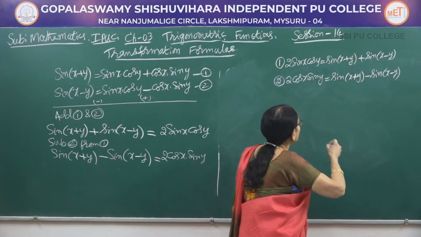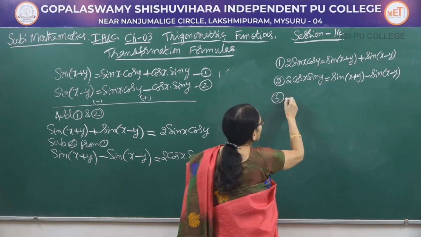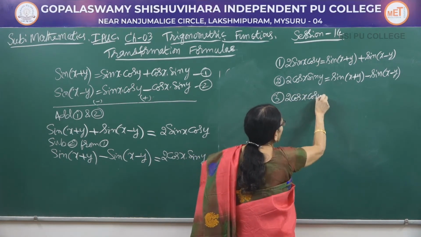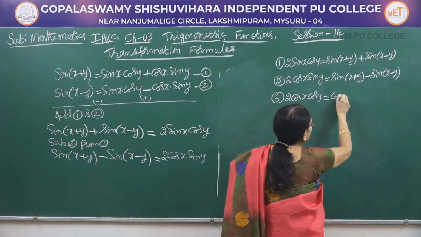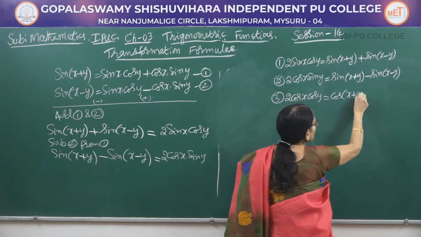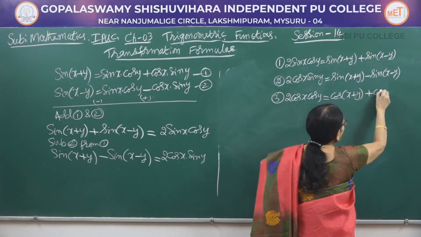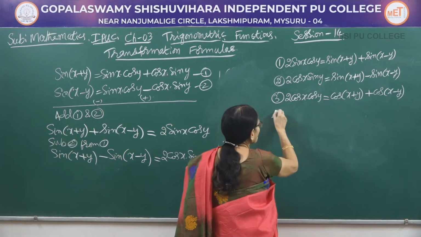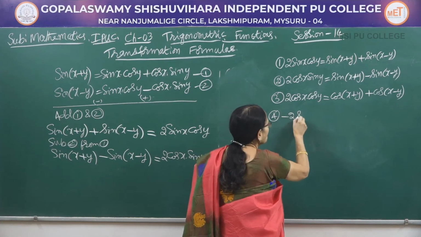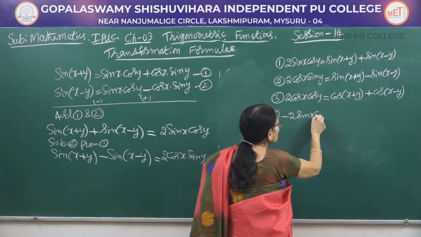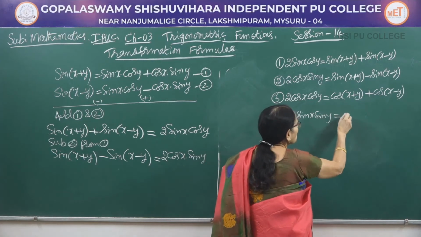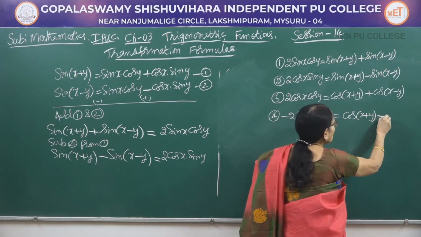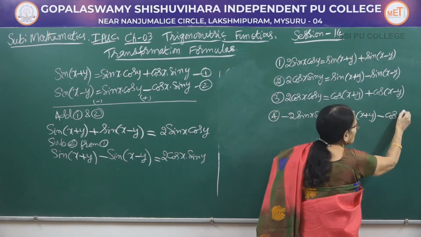Now come to the third formula. Here it is 2 times cos x into cos y, and here it is expressed in terms of cos function, cos of x plus y plus cos of x minus y. And the fourth one, we have got a minus sign here, it is minus 2 sin x into sin y, could be written as cos of x plus y minus cos of x minus y.